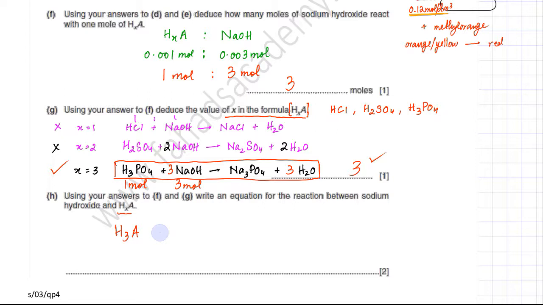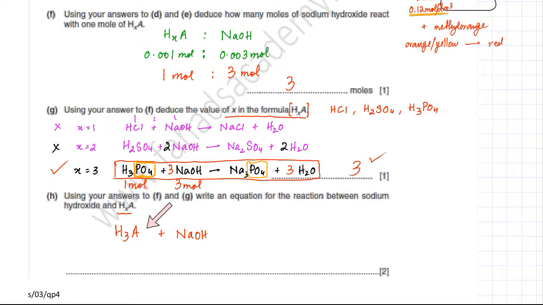I already have an example reaction over here. The only thing I need to do is replace that PO4 with A, because we took H3PO4 as an example, and he's taking H3A as an example.